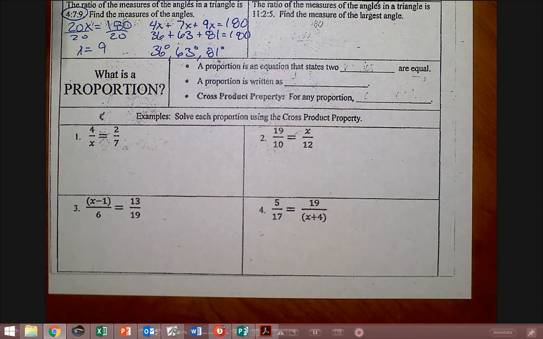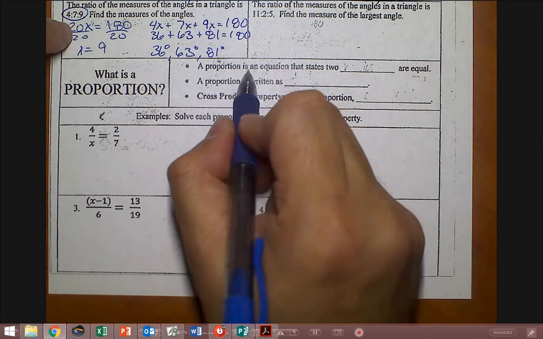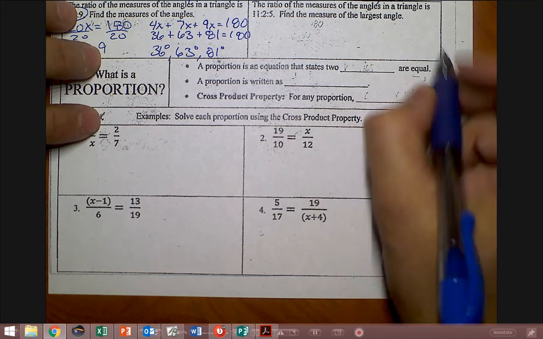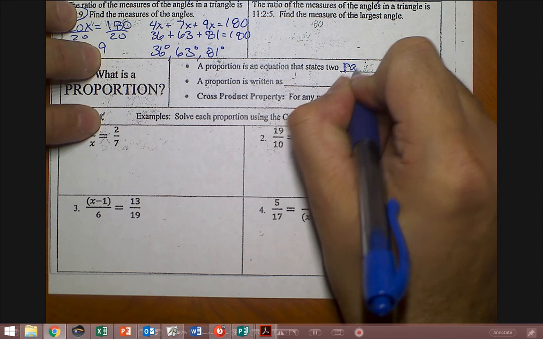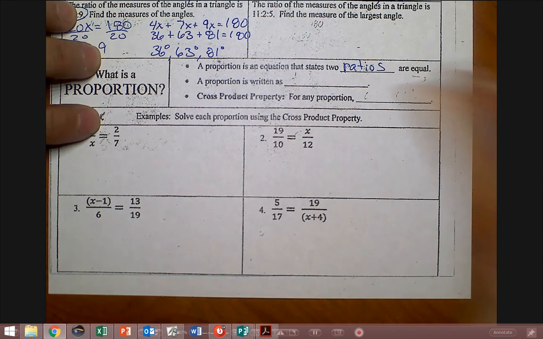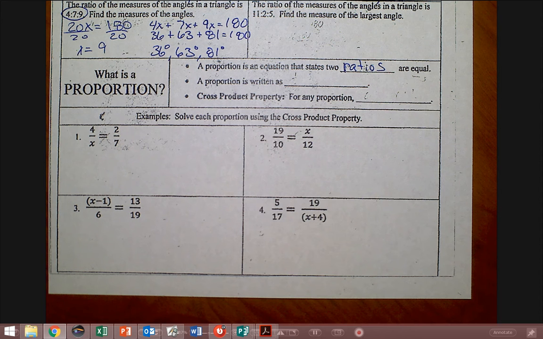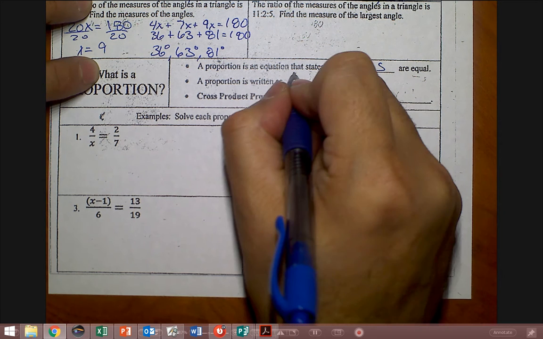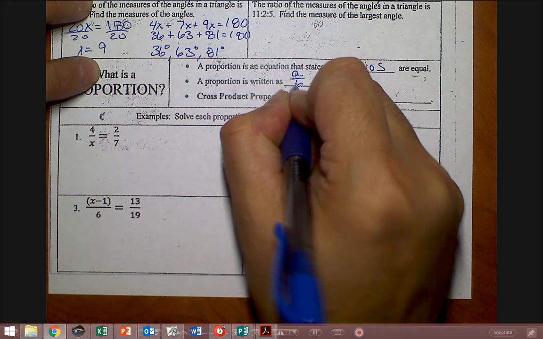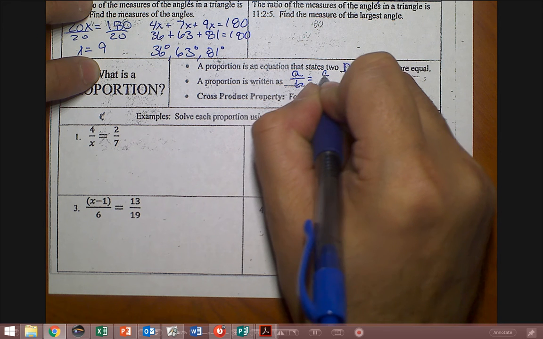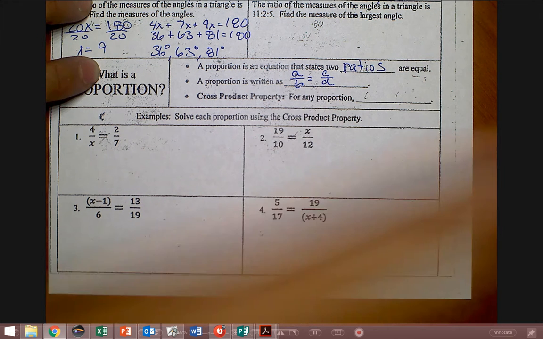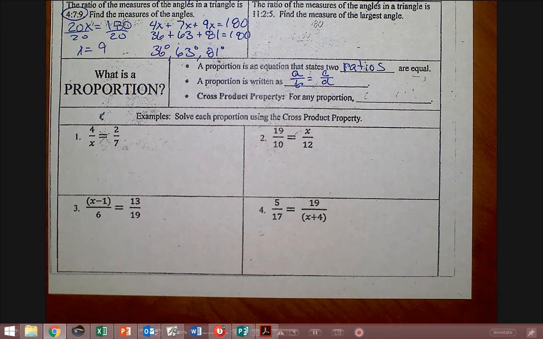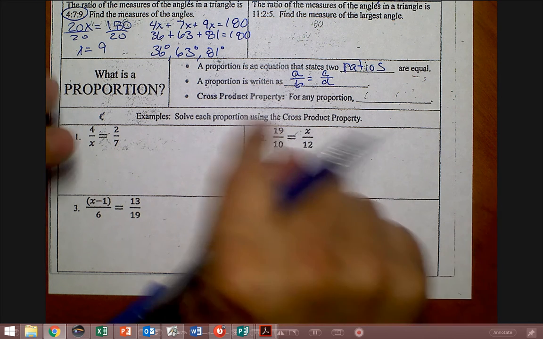Okay, it says a proportion is an equation that states that two ratios are equal. A proportion is written as A over B is equal to C over D. Cross products.